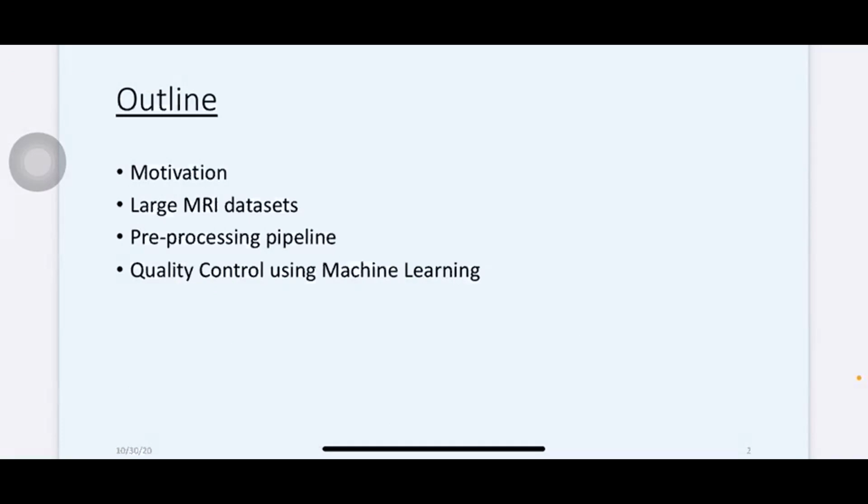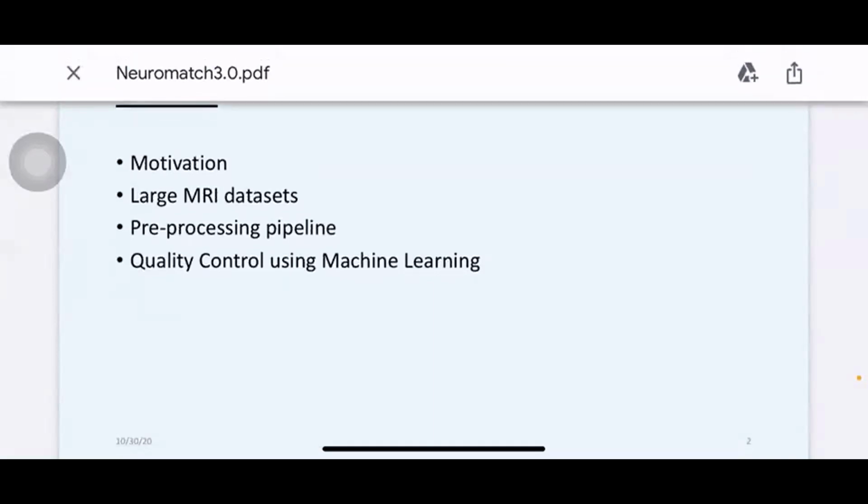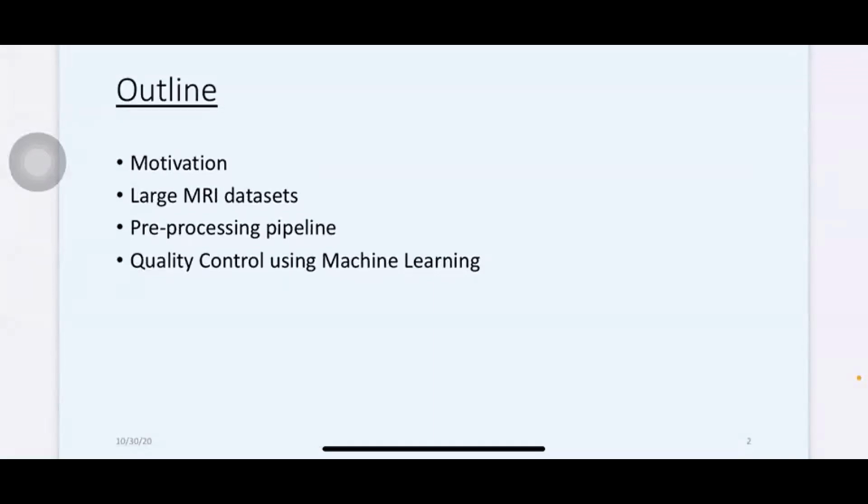So this basically involves a lot of pre-processing steps and also involves quality control. So when we talk about this big data, it is the quality control that is challenging, since we have more number of images to deal with, and manual quality control is not feasible, and we need some sort of automatic quality control.